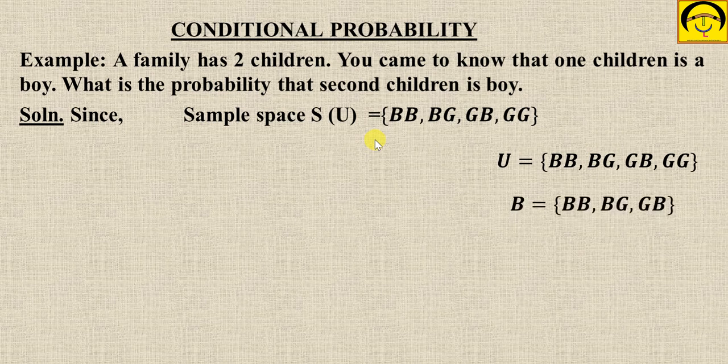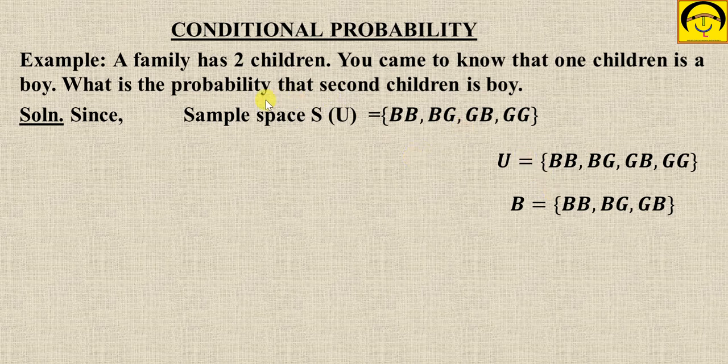It should be BB, BG and GB. Means first child is a boy, second child is also a boy; first child is a boy, second child is a girl; and first child is a girl, second child is a boy. Because you came to know that one child is a boy. So this is your event B, which has already occurred.